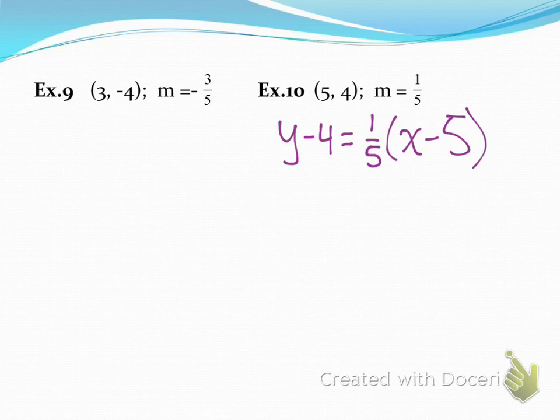Then we have to distribute. Connie, what do I get when I distribute? Not yet. I'm just distributing the 1/5. What's 1/5 times x? Can we do anything with 1/5 times x? No, so we just write it as 1/5 x. Then we take 1/5 times negative 5.